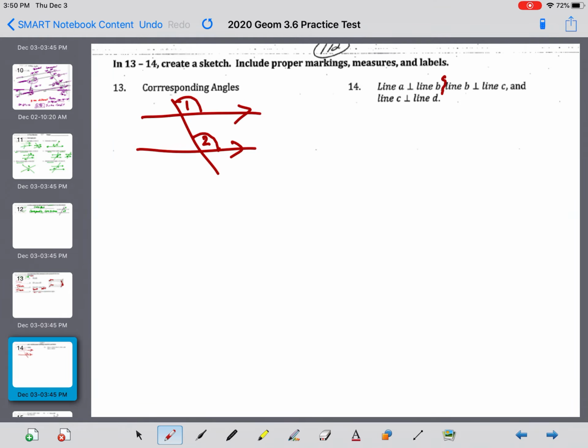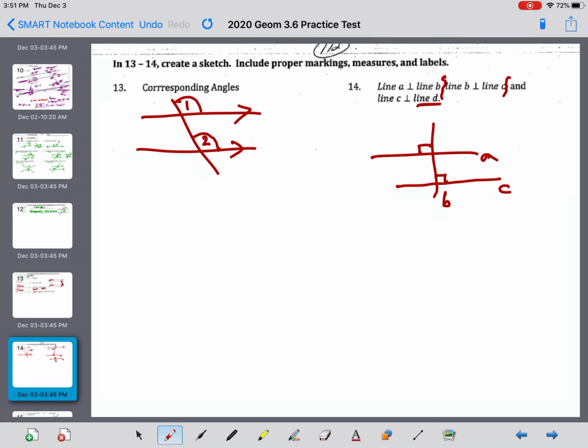All right, number 4, we're going to make this sketch here. We have to do one thing at a time. Look for the commas. So we have to make A and B perpendicular. So I'm going to draw an A and a B. And then B has to be perpendicular to C. So it's perpendicular, I'm going to put a box in. When I bring C in, I've already got B there, so I'm going to put a 90-degree box right there.